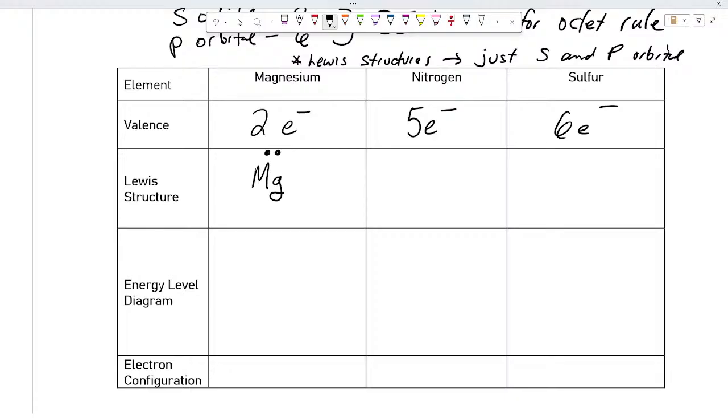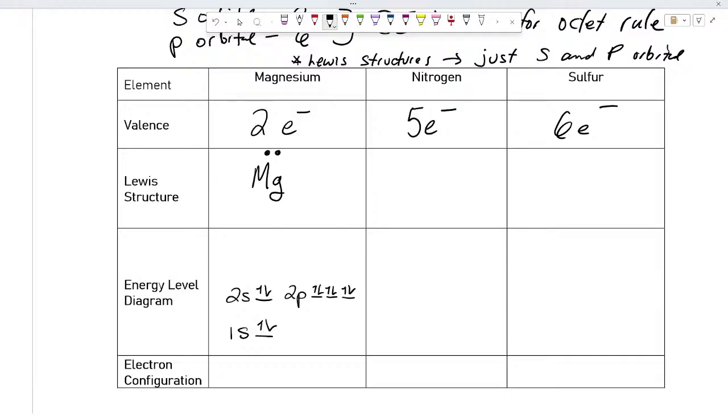Energy level, magnesium has a full 1s, right? And then it has a full 2s, and then the 2p, and that takes how many electrons? Yeah, right, which if we're filling it out properly, it fills out.